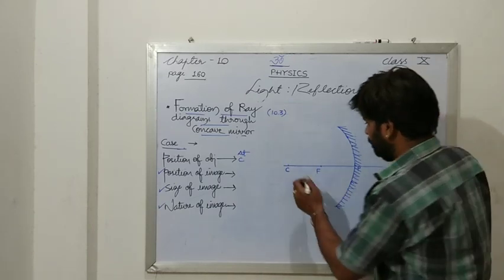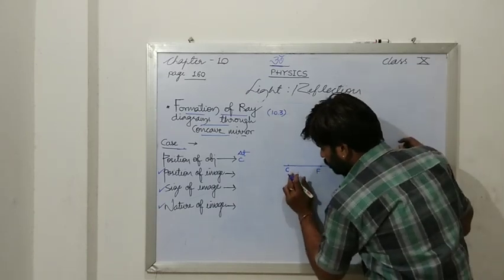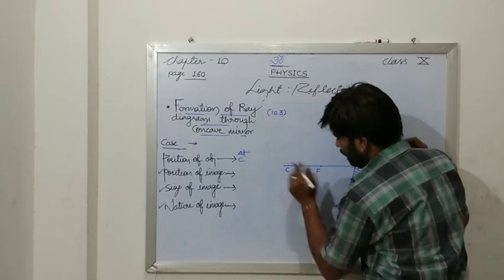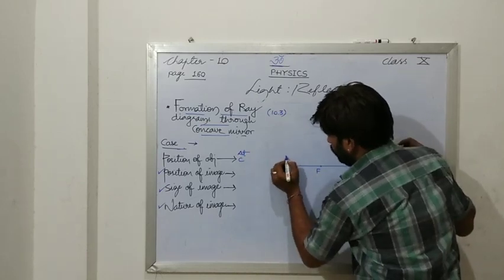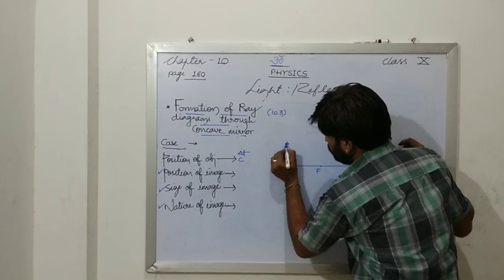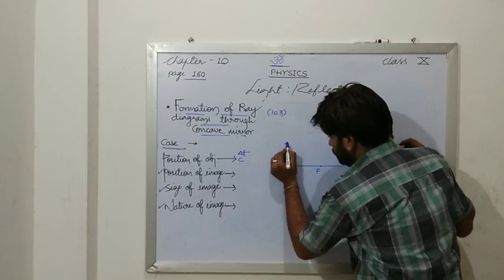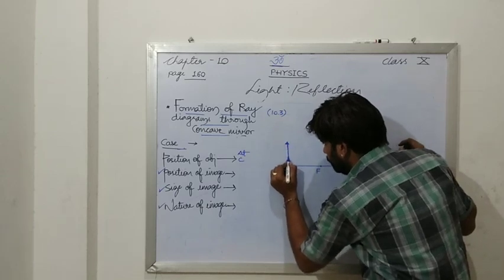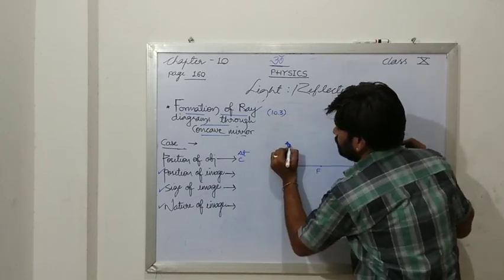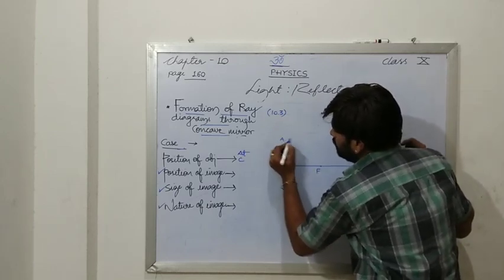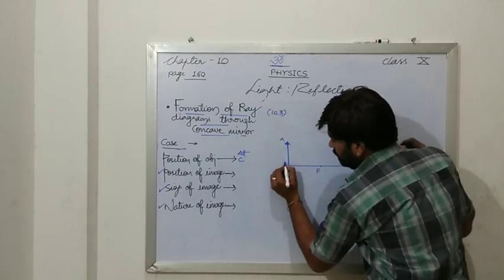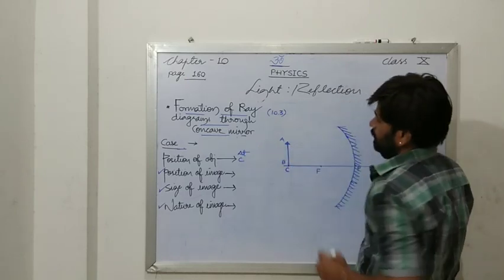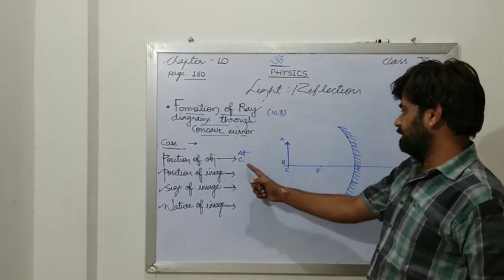This time you might have some problem regarding this, so let us see what problem you are going to face, and we will solve it here. The position of the object is at C. This is the upright one, so this will be A and this will be B.